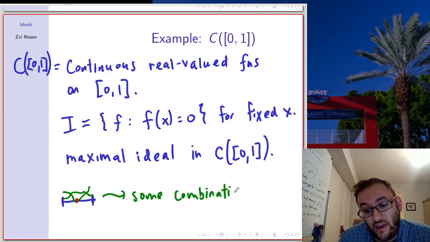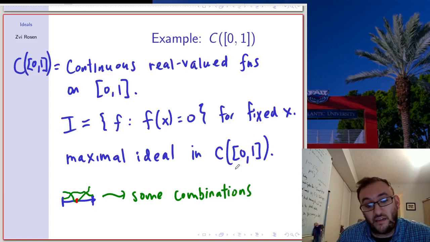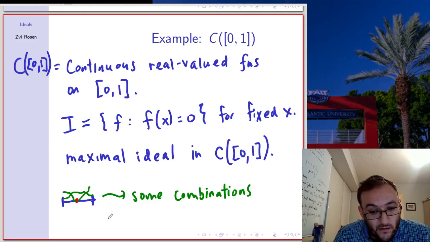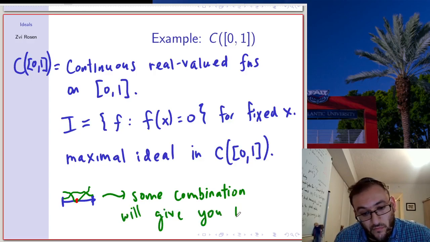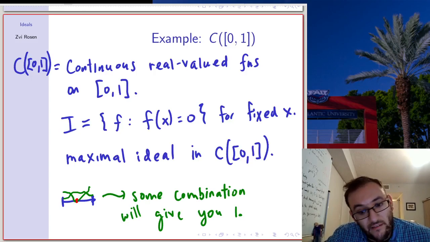And as we know, whenever you get the function which is identically 1, that's the unit in this ring, because it's the ring of continuous real-valued functions under pointwise addition and multiplication. So if you get the function which is 1 everywhere, then you will generate the entire ring. And you need a little bit of analysis to prove that this is a legitimate thing to do and that everything involved is continuous. Okay, so that's some examples of maximal ideals.